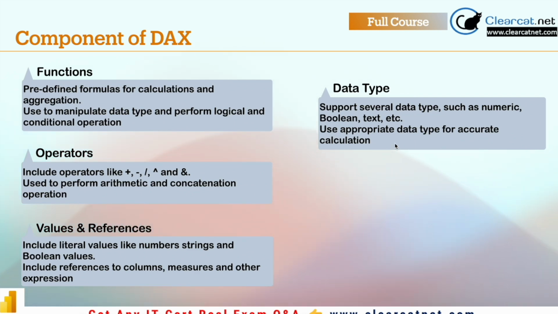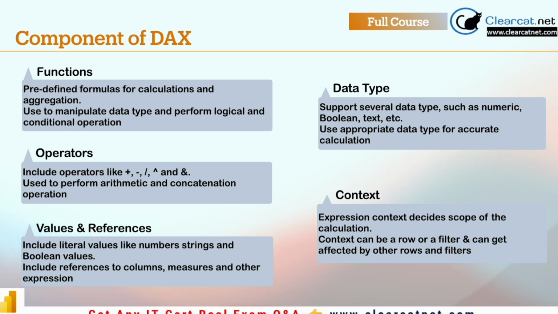It means we are going to convert our data into an appropriate data type to get accurate calculation. And the last one is context. Expression context decides the scope of the calculation. Context can be a row or a filter, or can get affected by other rows and filters. These are the five components of DAX.